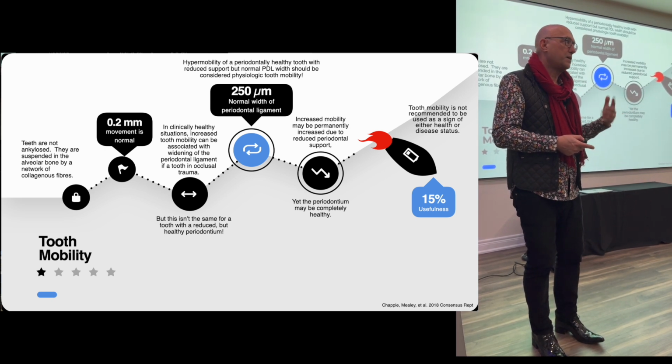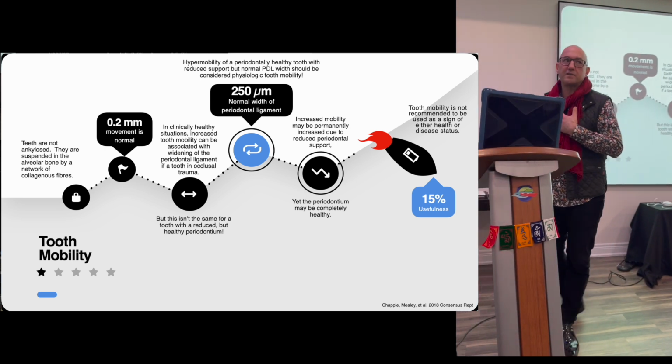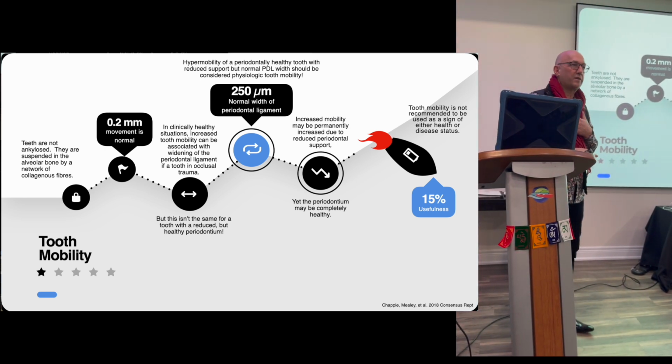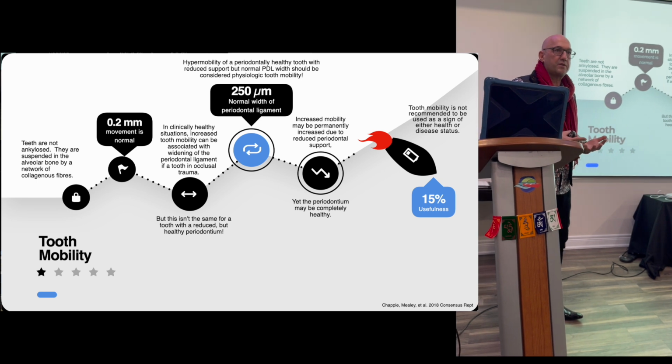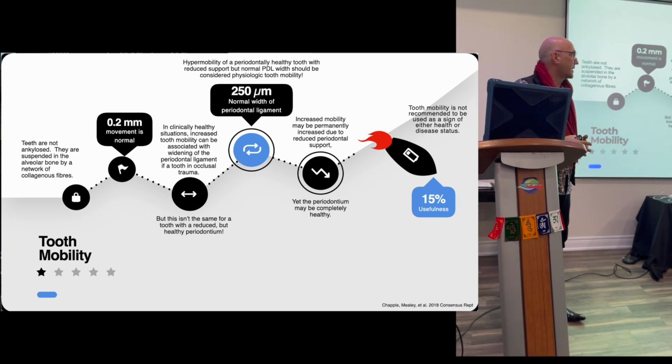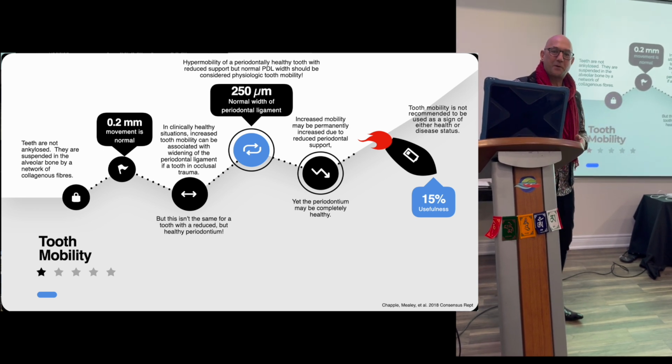And this has happened a few times in my career, and it's heartbreaking because you really want what's best for the patient. You want to treat people as you want to be treated yourself. And I just think, don't give up on teeth that are mobile. Don't give up on teeth that are not perfect.